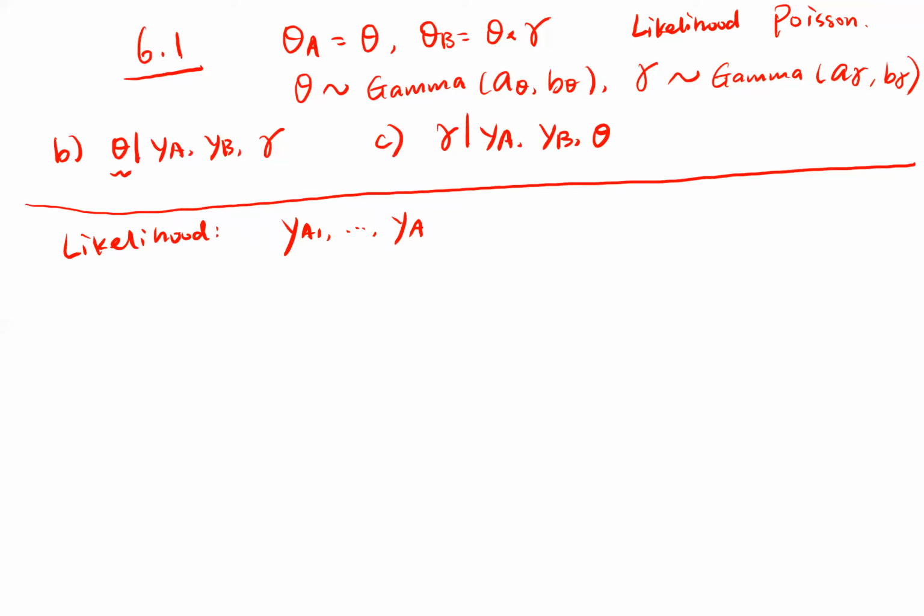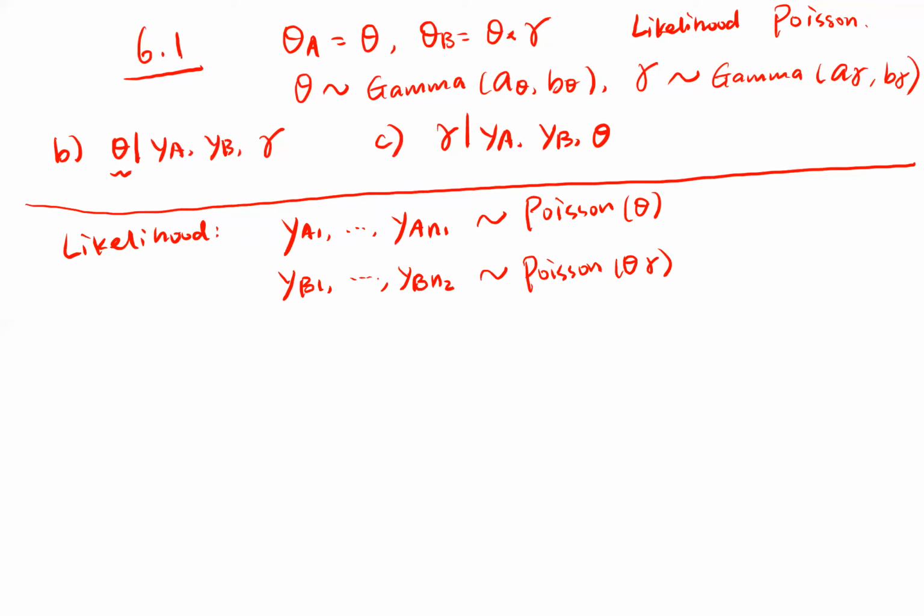So let me use N1 to represent how many observations are in the first group. What you know is this is going to be Poisson of theta, right? And all of the YB. Here I'm going to use N2 to represent the number of observations in group B. It's going to be Poisson with rate theta times gamma.